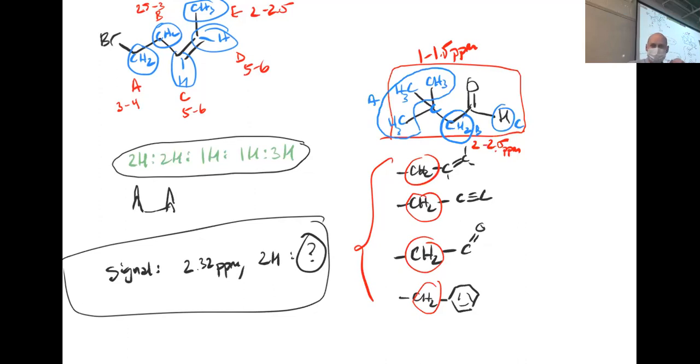A hydrogen that's directly attached to an aldehyde is 9 to 10. And then what was the last one? It's 10 to 12. Carboxylic acid, yep. And so those are the 4 where you don't worry about +1, -1, or +2 on any of those. They just show up in that region. That's just what they are. So this one would be 9 to 10 ppm because it is an aldehyde.